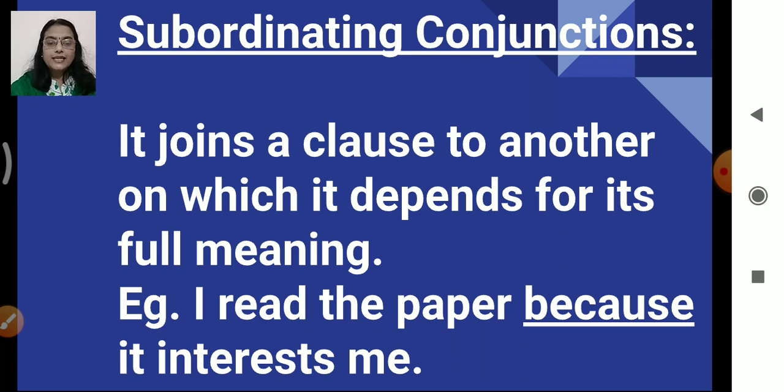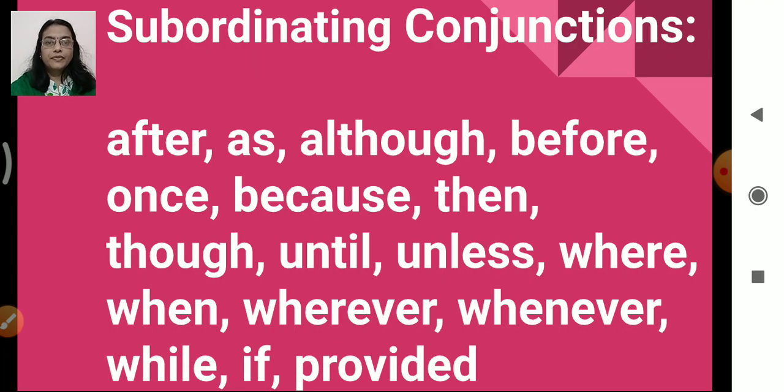Here you can see the example: I read the paper because it interests me. Now if you just say that it interests me, does it make any meaning? No, right? But if we read it through properly, I read the paper because it interests me. So it is depending on another for its full meaning.